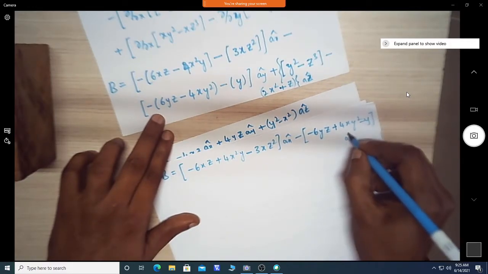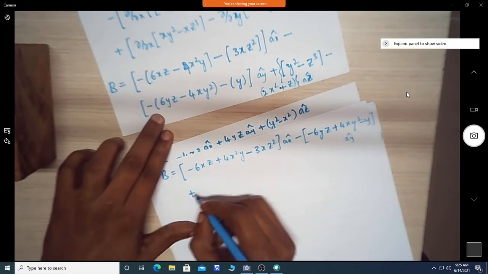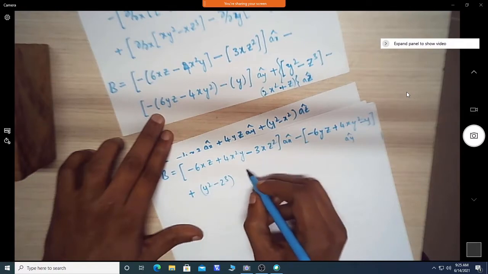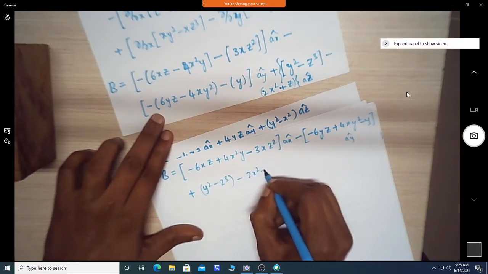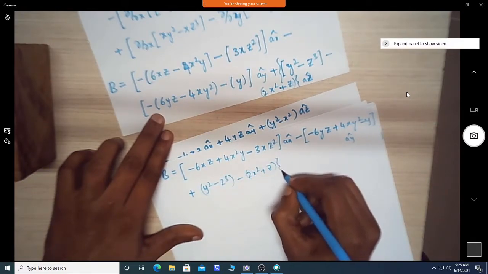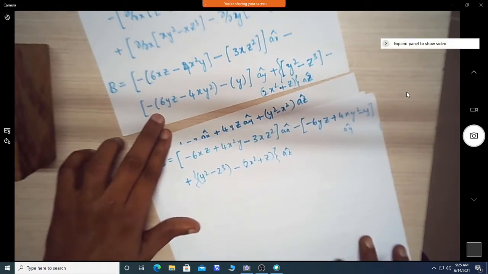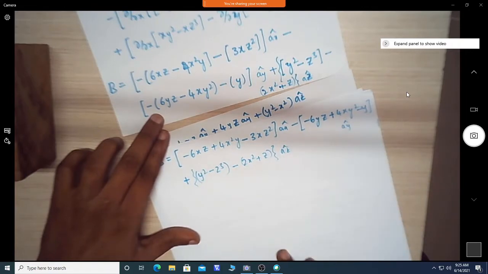This is in the ay direction, plus y square minus z cube and minus 2x square plus z in the az direction, okay. So this is the x, y and z direction.